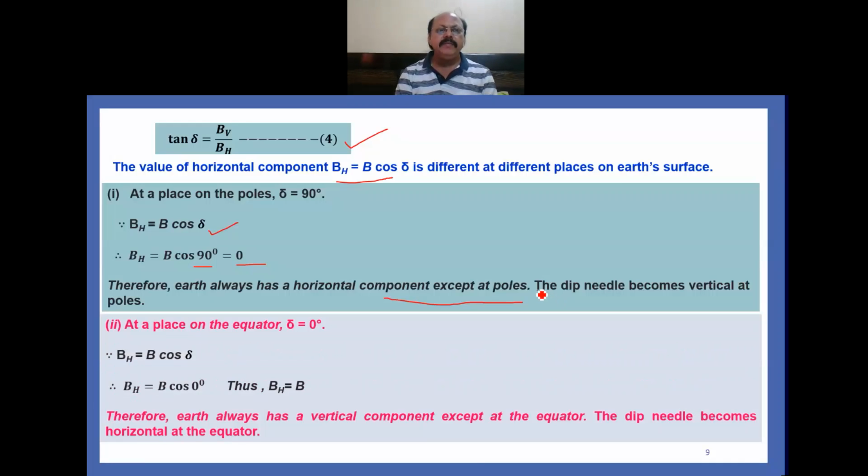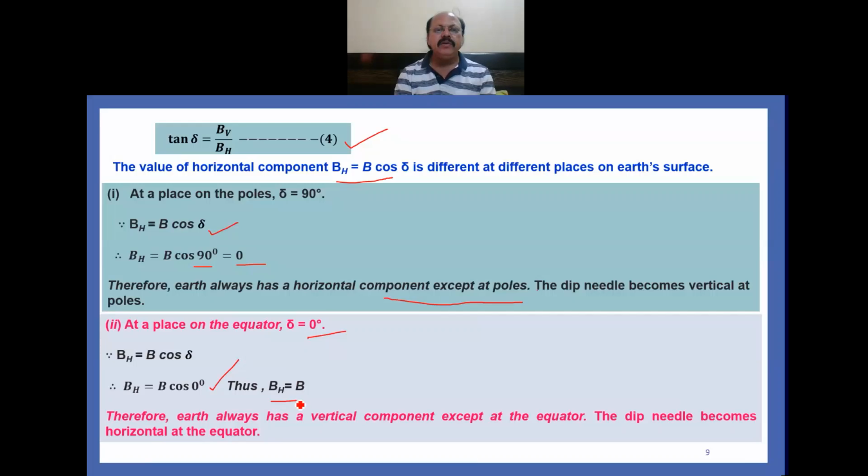Now similarly, at a place on equator, delta equals 0 degree, then BH equals B cos delta, and in place of delta is 0 degree and cos 0 degree is 1.